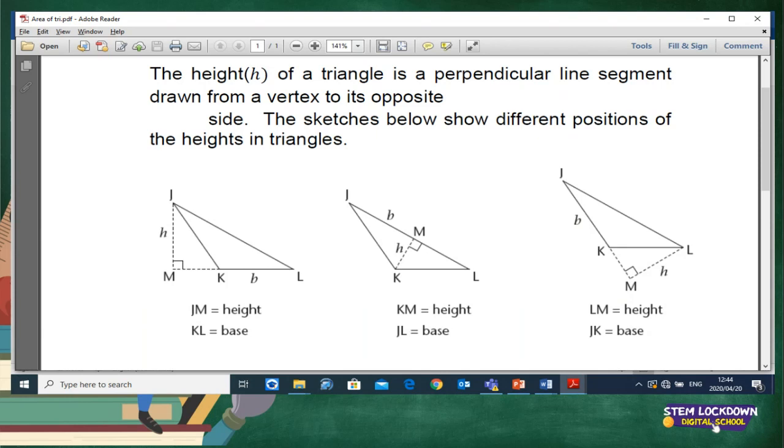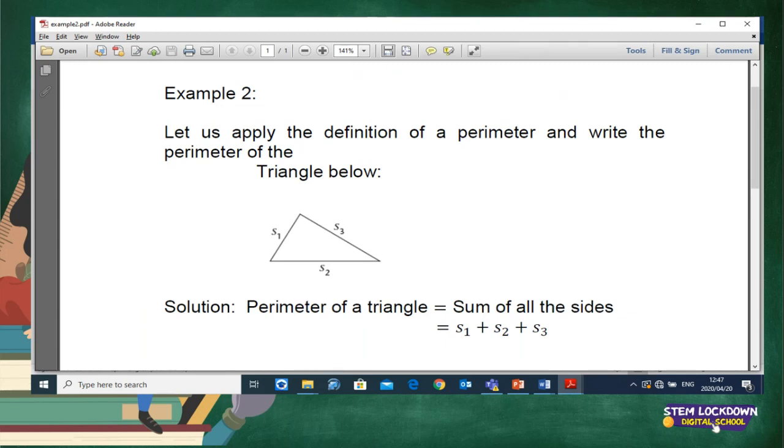In the same note, I'm going to take you now to the next slide where we also looked at the three sides. We agreed yesterday that if you want to calculate the perimeter of a triangle, you use the same principle of adding all the three sides together.